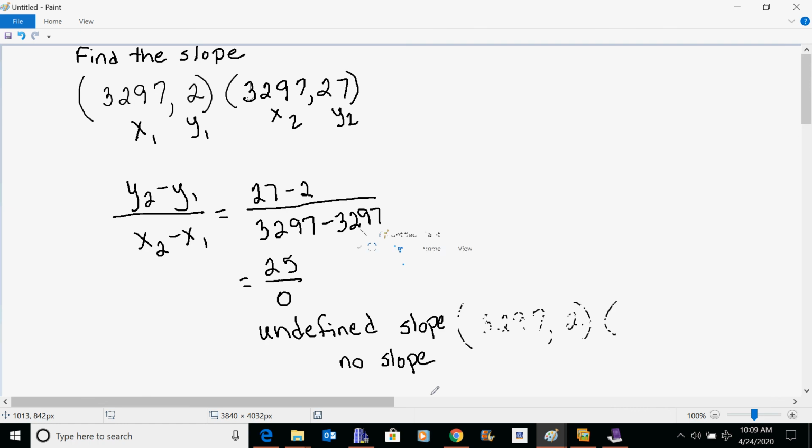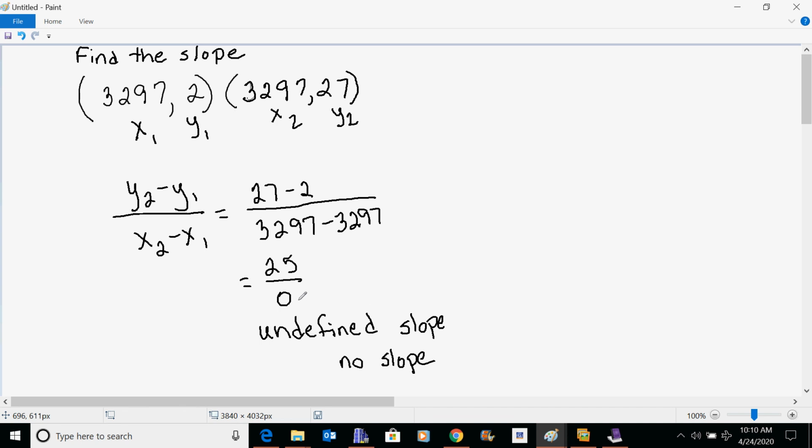That's the way your book puts it in the back of the book, but it's an undefined slope because there's a 0 in the denominator. Sometimes people have a hard time remembering which one turns into a 0 and which one turns into undefined. Undefined has a 0 in the denominator.